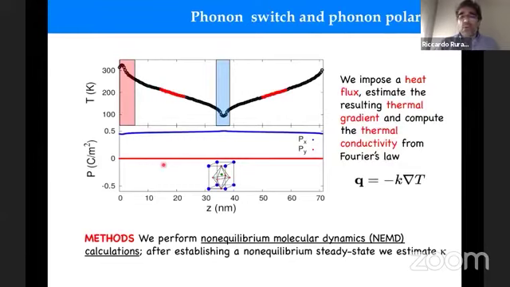In the plot below, you see the polarization as a function of the position, but here there is no surprise because the system is a monodomain, so all the polarization is up. Throughout the system, the polarization is almost 0.5 in the direction of the distortion. In the direction entering the screen, it's 0.